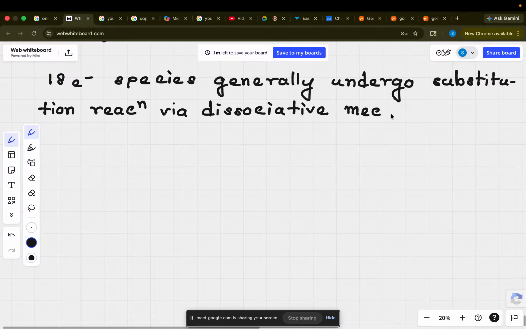That you already know, that if you have 18 electron compounds, it will follow dissociative mechanism. But it is not the case that all the time it will follow this.